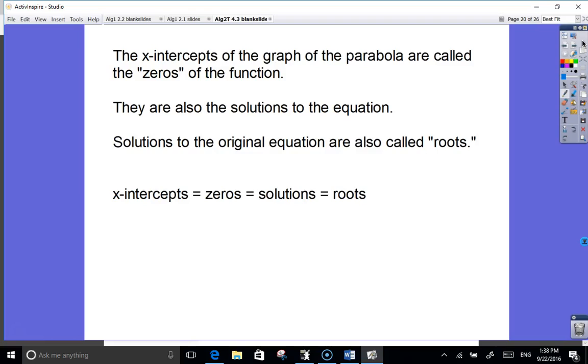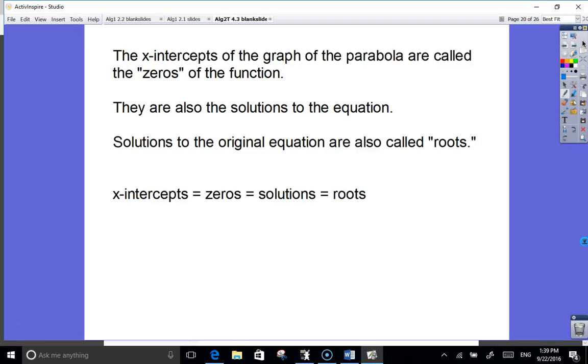But they're used so interchangeably that I think sometimes even good math people that know better are using kind of the wrong term, like finding the roots of a function. Function doesn't have roots, or finding the zeros of an equation. Equation doesn't have zeros. But it's okay. You should just understand x-intercepts equals zeros equals solutions equals roots.